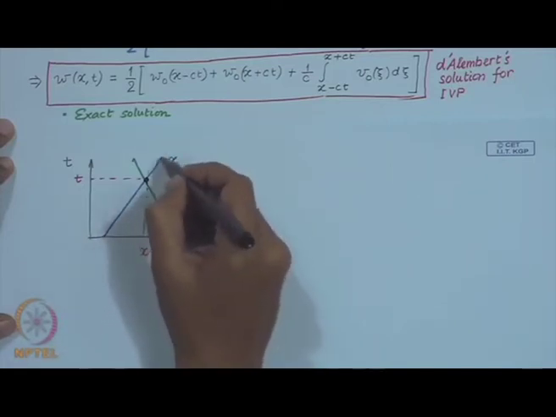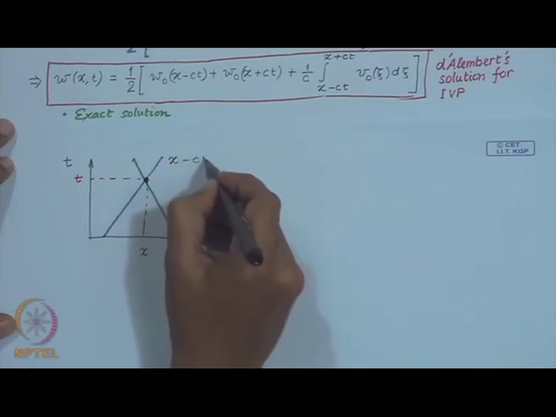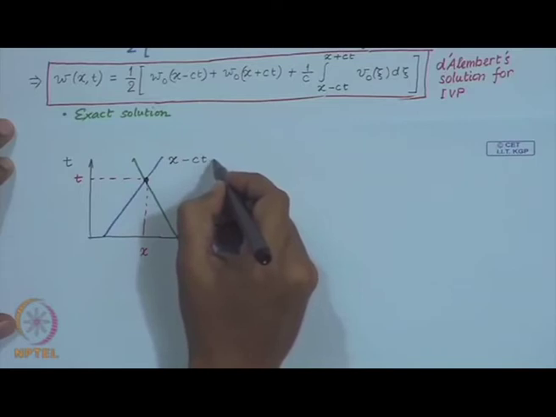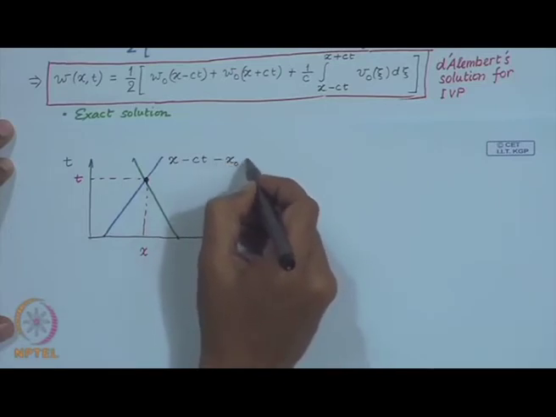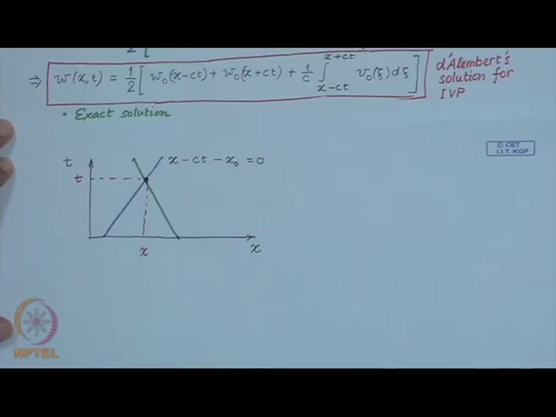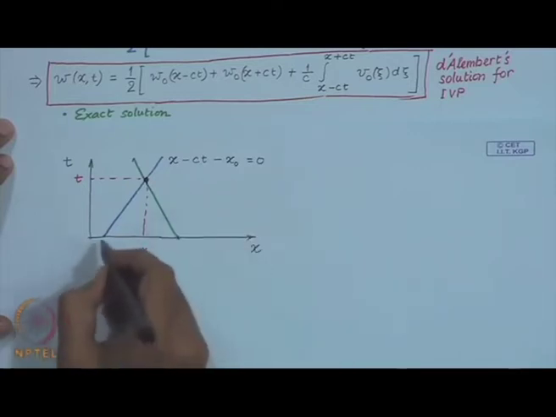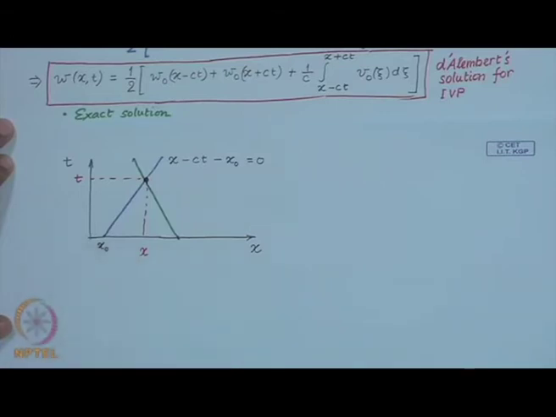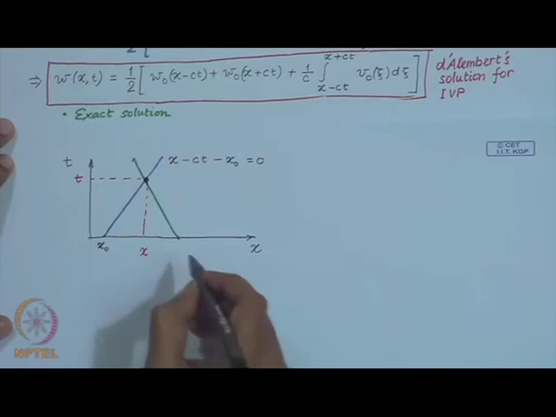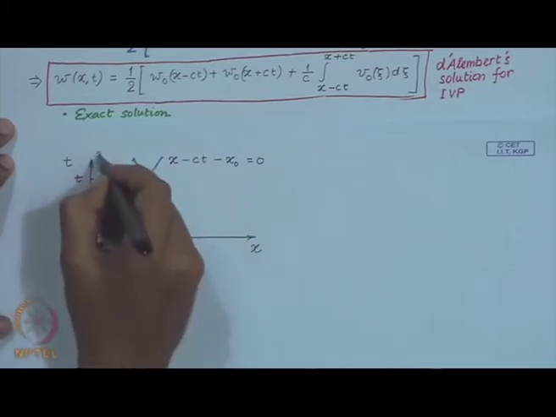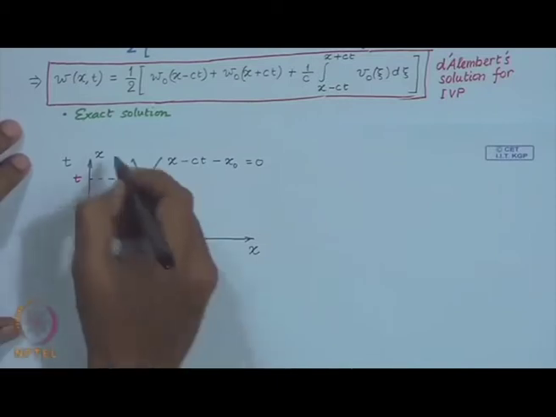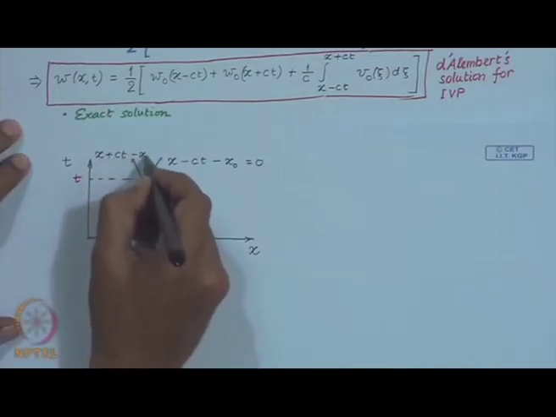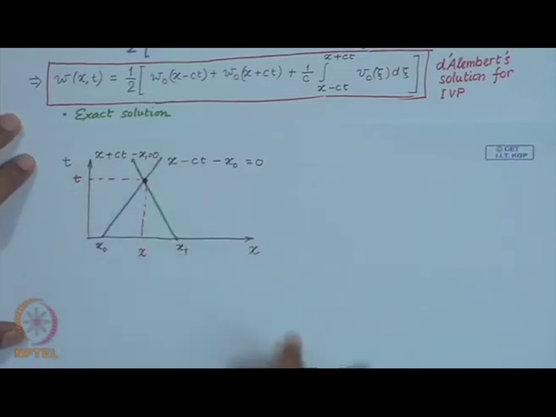So, the equation of this blue line is given by this, where this is, let us say, x 0, and for this green line, this is, let us say, x 1.